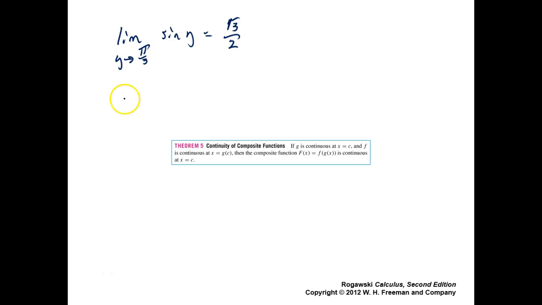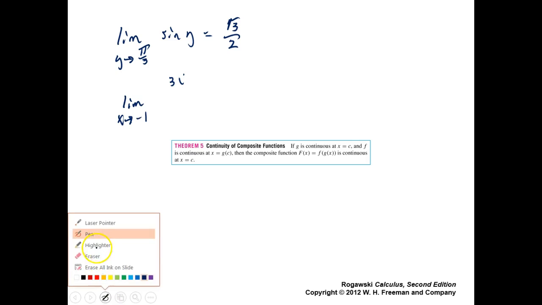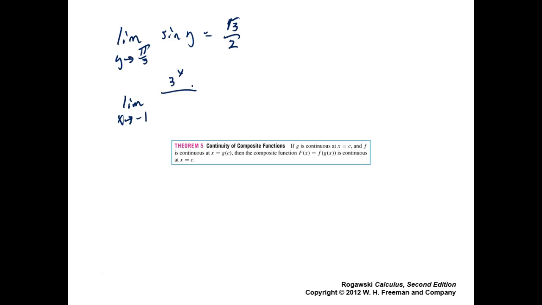Let's try another. The limit as x approaches -1 of 3 to the x divided by the square root of x plus 5. What about that? 1/6.